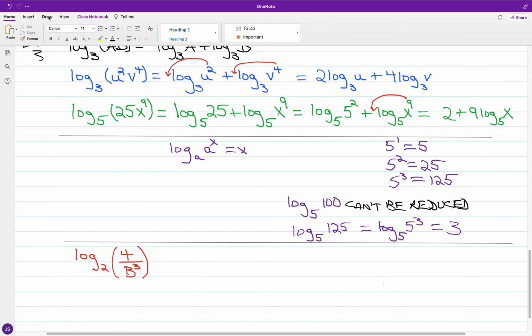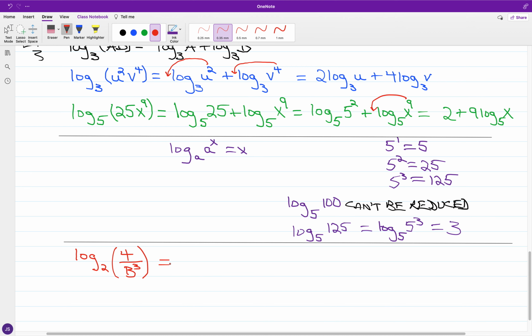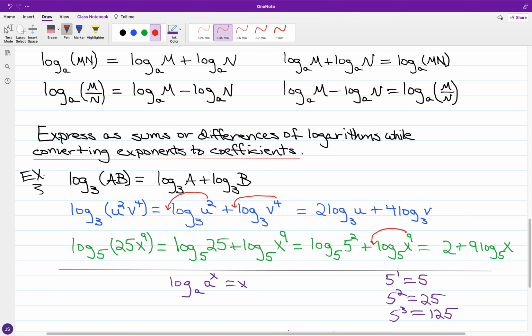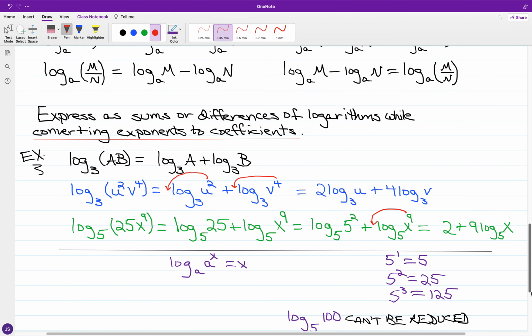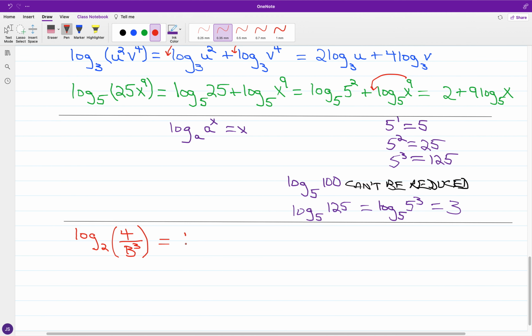We have the operation of division between 4 and b cubed, so division is going to imply subtraction. Here we're going to have the base 2 logarithm of 4 minus the base 2 logarithm of b to the third.